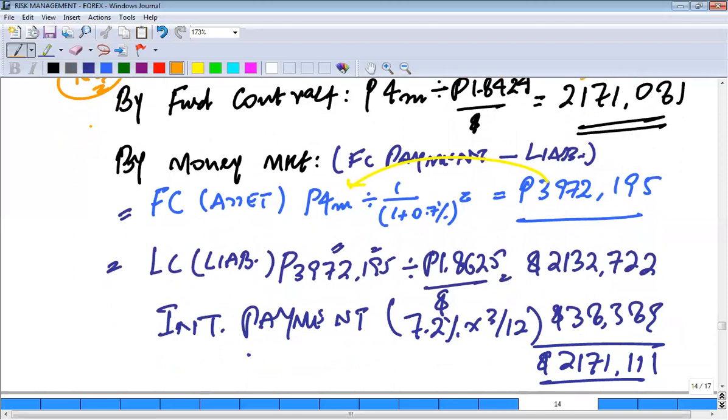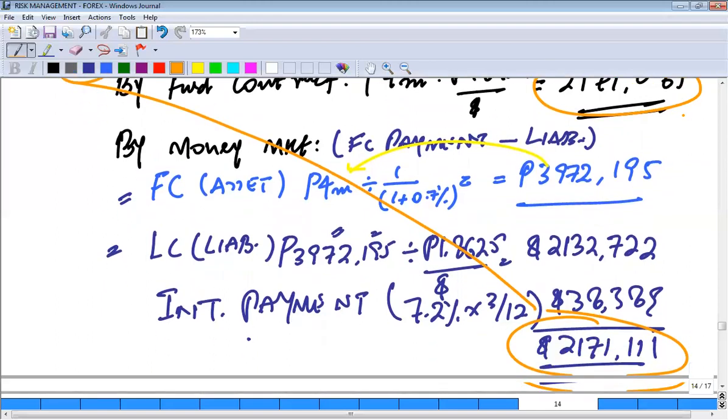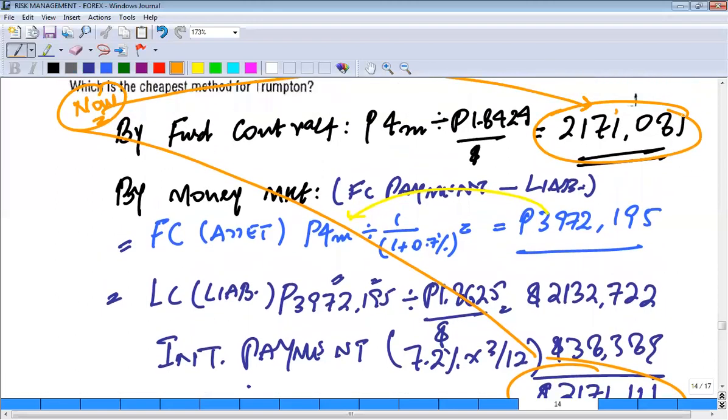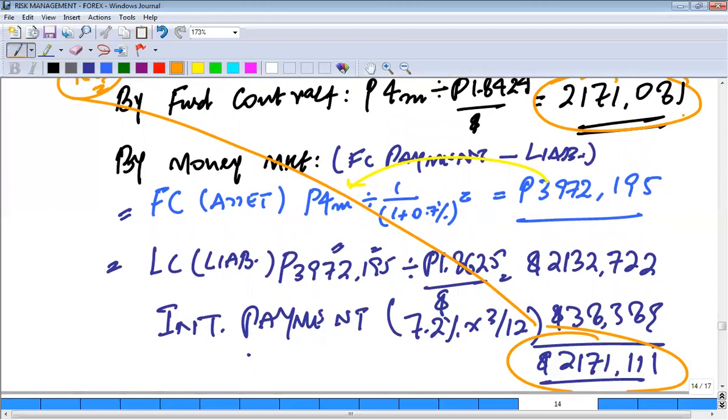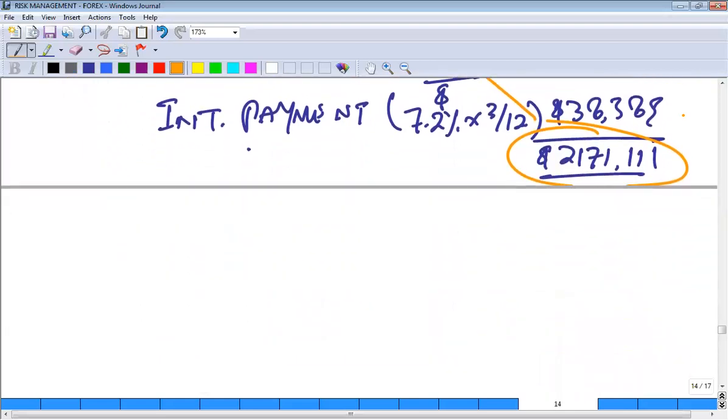Same by money market, standing now, but we have to pay this cost after 3 months. No payment now by forward contract or money market. These amounts we will pay after 3 months. Do remember that point.